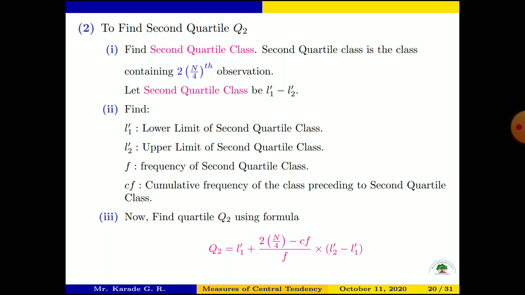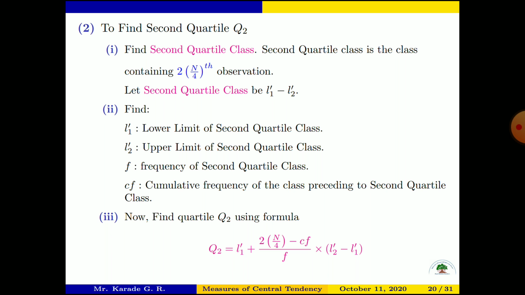The class in which the 2 times N by 4th observation lies is our second quartile class. So let the second quartile class be L1' to L2'.